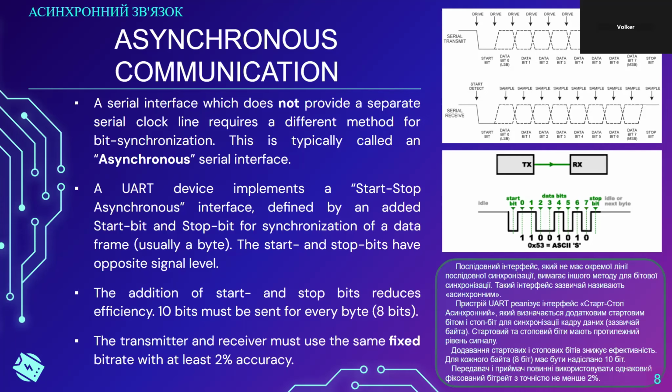For example, 1.8432 megahertz or 3.6864 megahertz. Those strange frequencies happen to be divisible in a way that they can be used for generating these typical serial asynchronous bit rates.